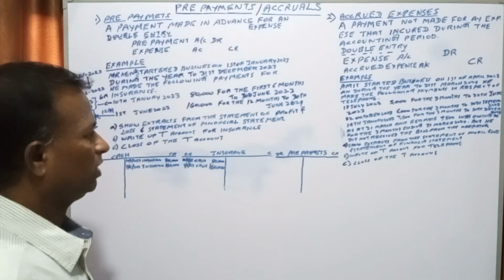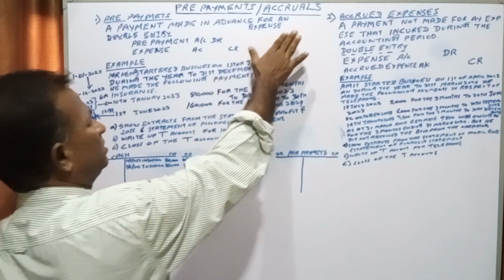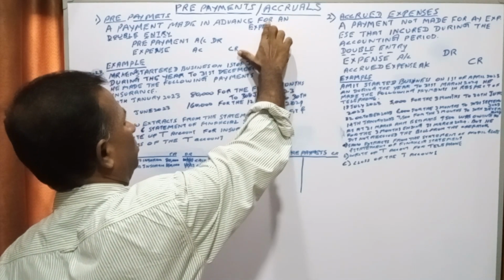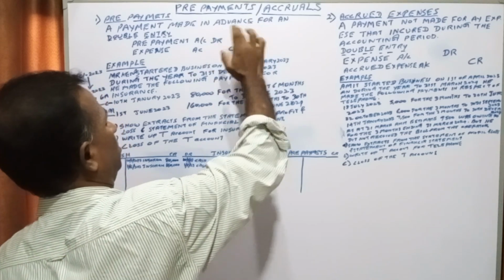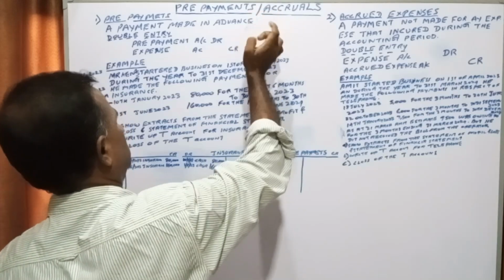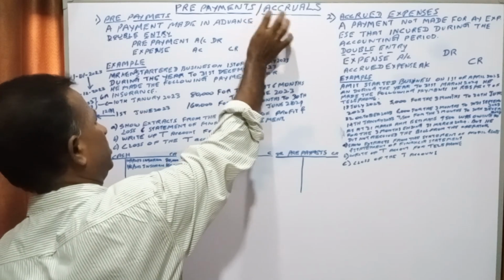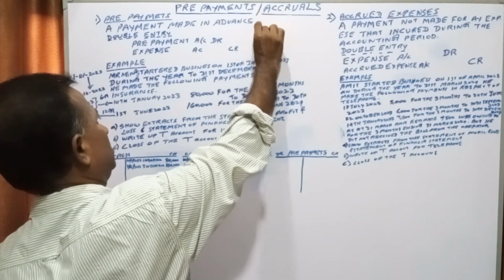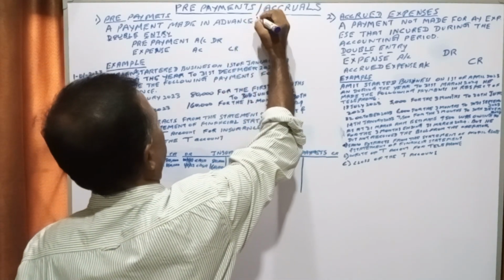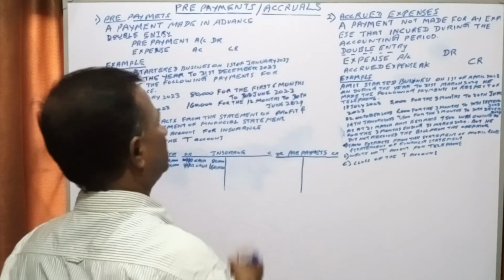This is an expense, we have made a prepayment. It may also be for asset purchases, where we would have made an advance payment. We will say payment made in advance, right?